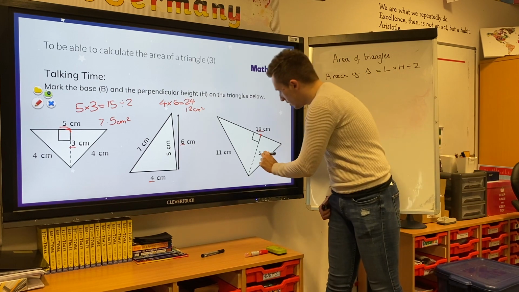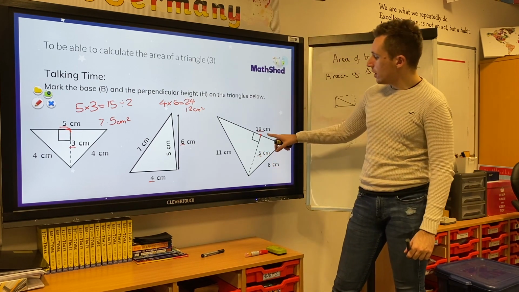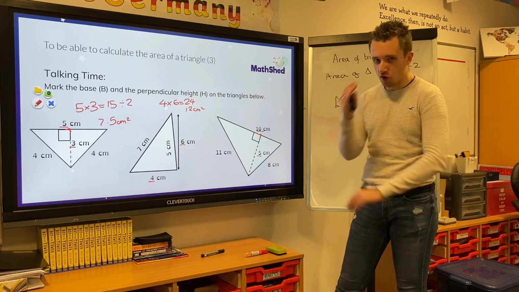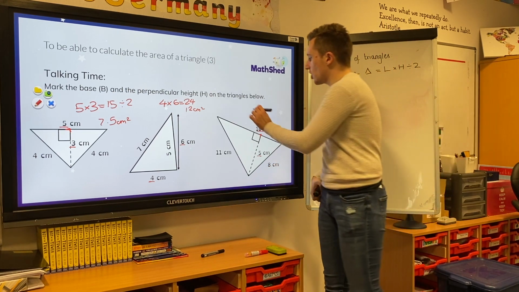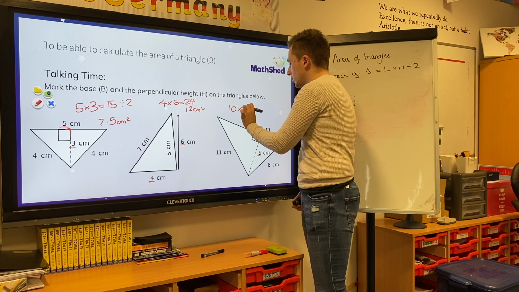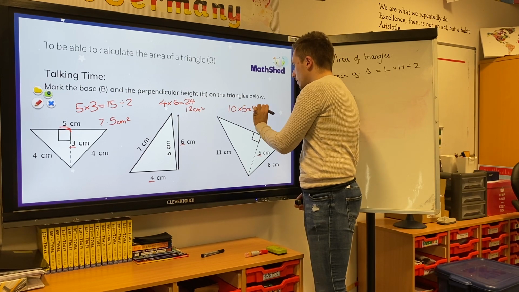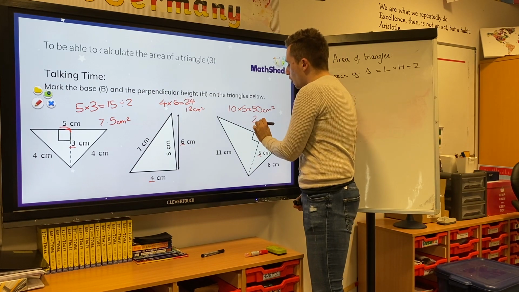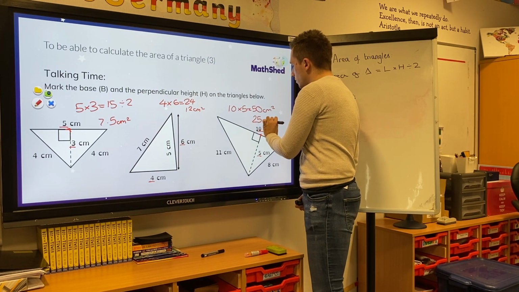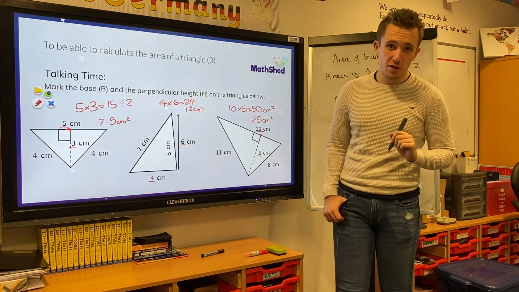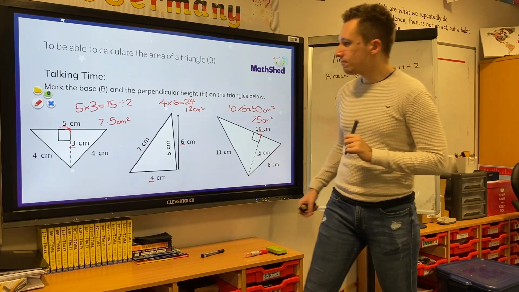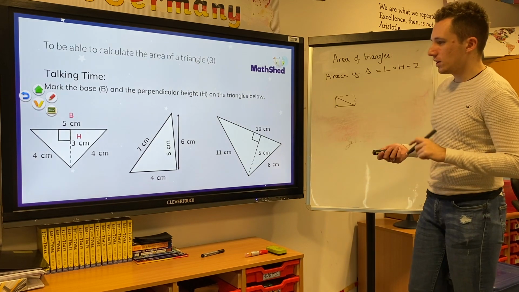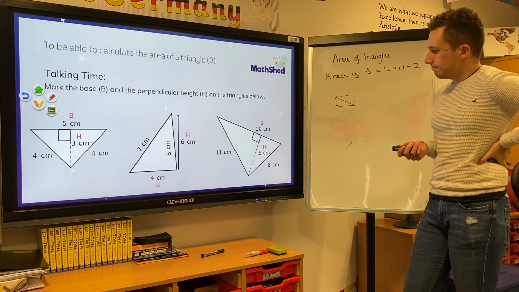The height is 5 from there to there, the straight line. 10 times 5 is 50 centimetres squared. Half of that is 25 centimetres squared. There we are.